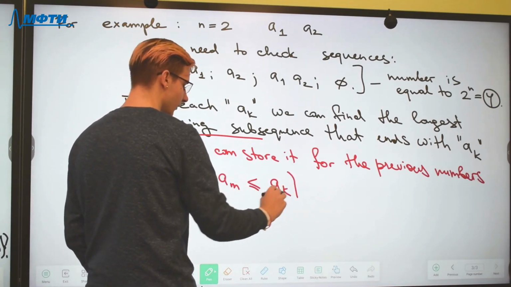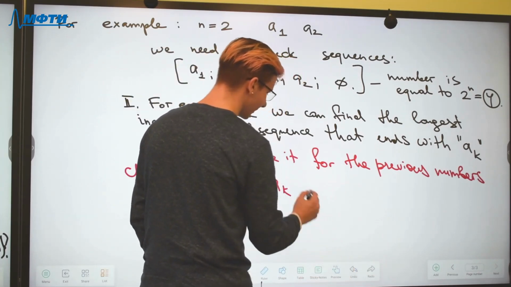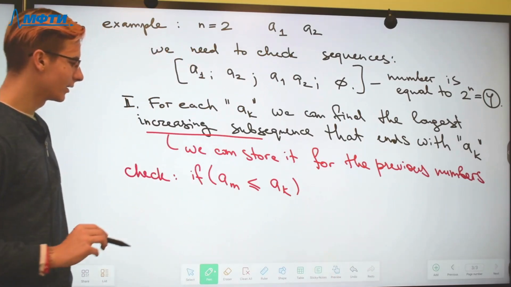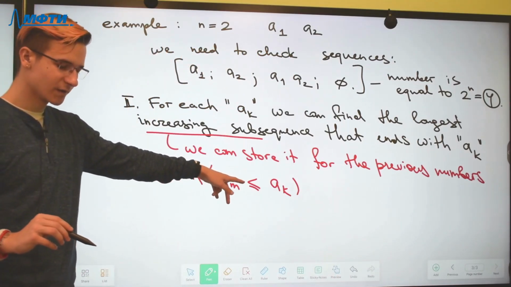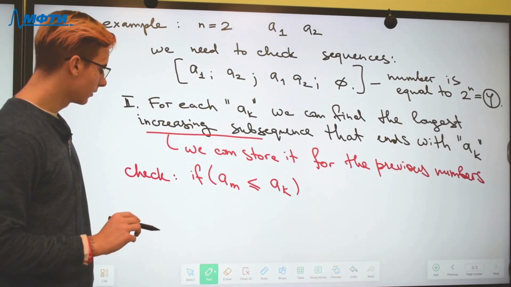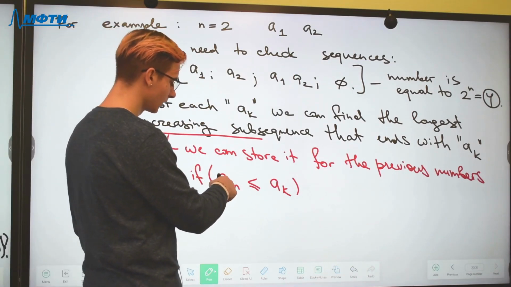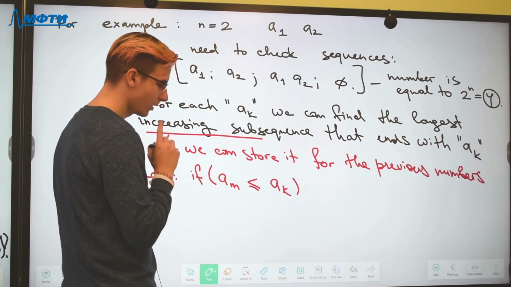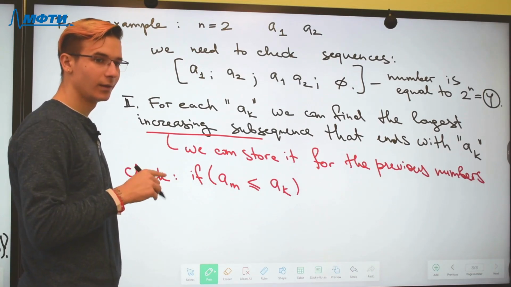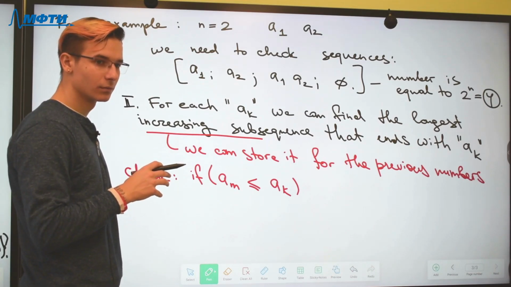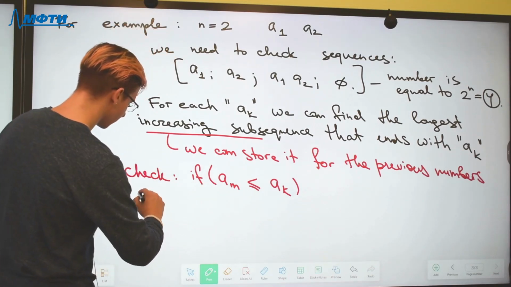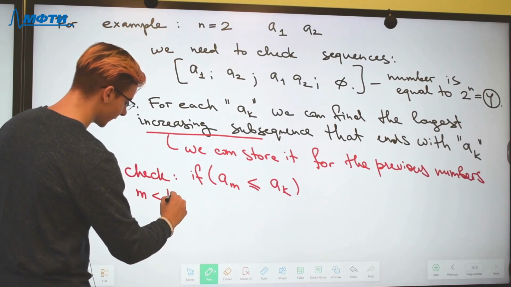And now I write some pseudocode of it. If you find Am less than Ak, for these numbers we can compare their lengths, Lk and Lm. Which one is bigger? m is less than k.